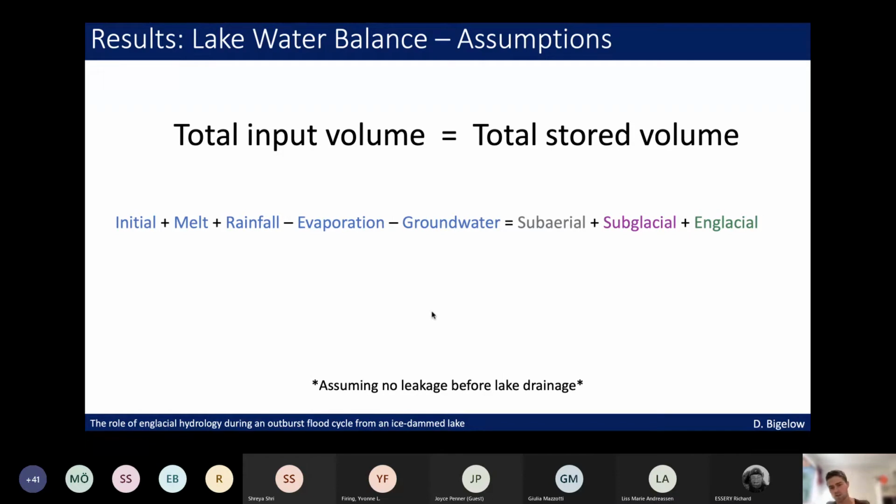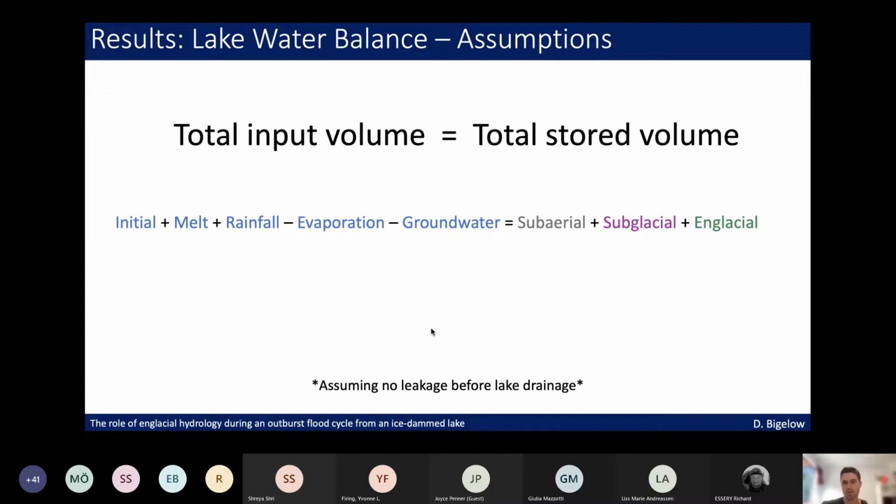And in terms of the stored volume, we have three different reservoirs in order to parse out what the englacial component is. That's the subaerial lake, which is what you can actually see, the subglacial system beneath the glacier, as well as the englacial system contained in fractures, channels, maybe even between ice grain boundaries.